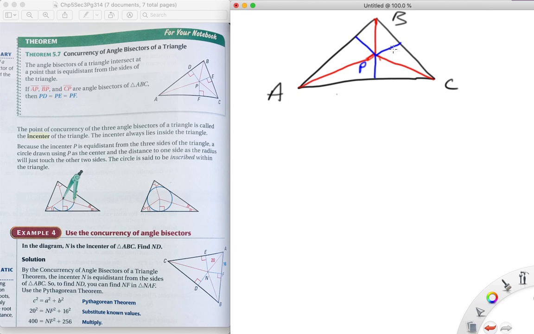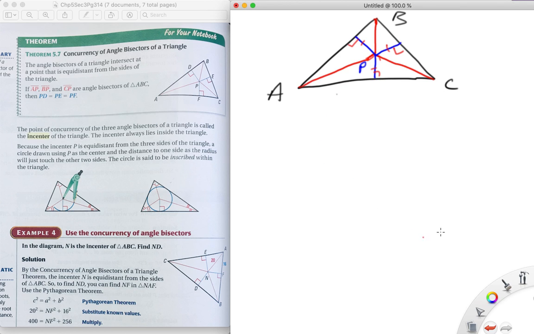Here's the bisector, so this guy and this guy must be equidistant. Here's the bisector, so from that point, this guy and this guy must be equidistant. So these are all the same, just like the angle bisector theorem, and they form 90-degree angles, which is helpful because we can use this to solve for various sides.